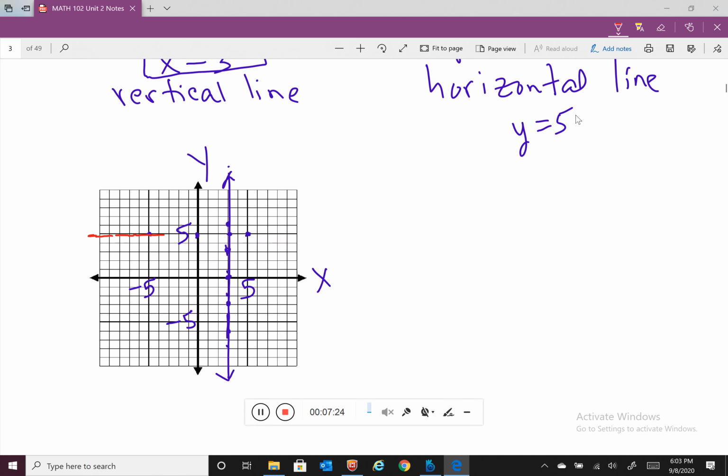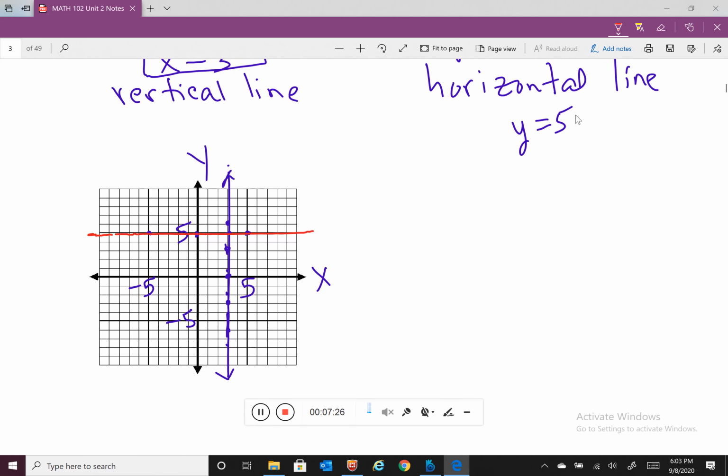And then our horizontal line is in red. So that is x equals 3, and then y equals 5. So if you recall, the slope of a horizontal line is 0, but the slope of a vertical line is undefined.